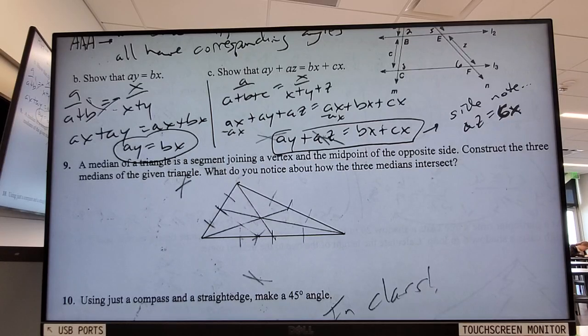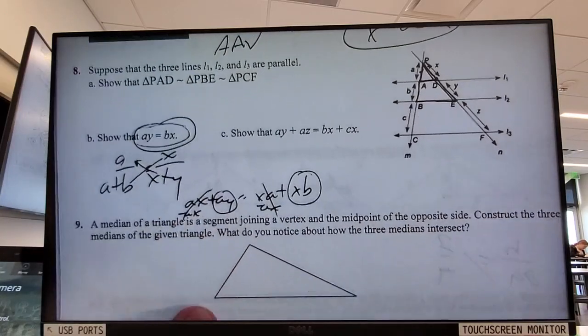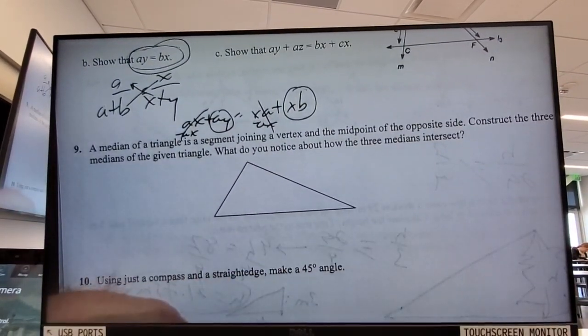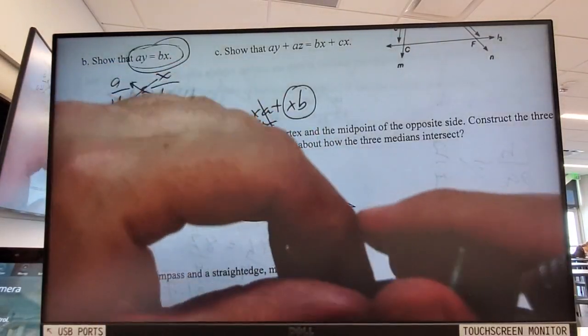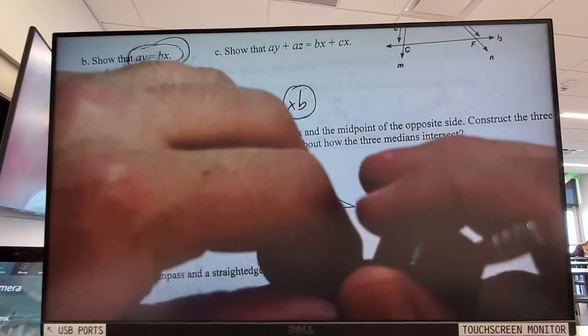Can you go over how to do 9? Oh, so for each one, here, let me take a fresh one. I've done this enough now that I actually kind of remember how to do it. This is the perpendicular bisector.